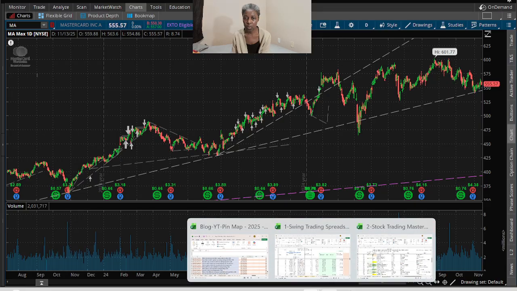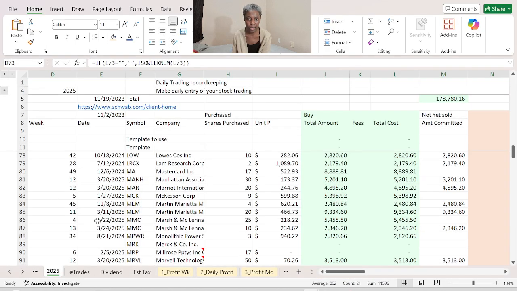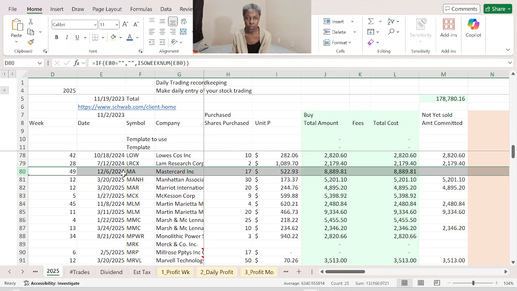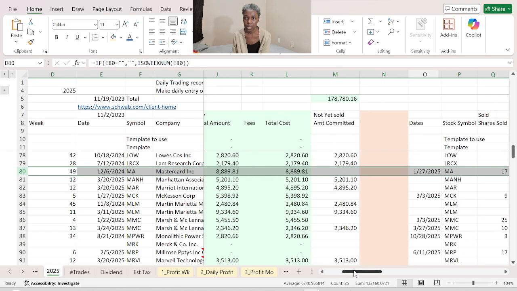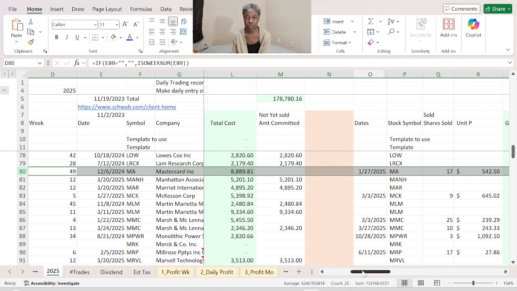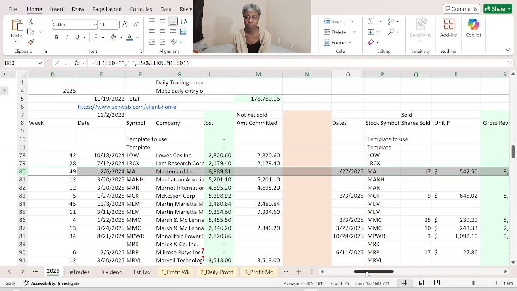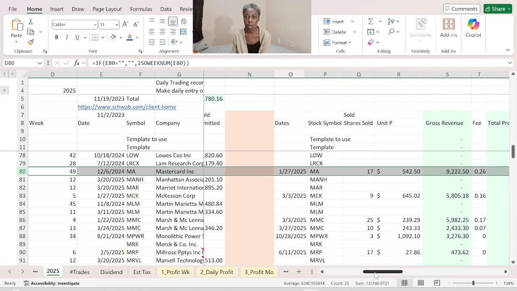So we can go to our record spreadsheet, and we have MA. We bought it in December at 522. We sold it in January, probably a little bit over a month later, for 542.